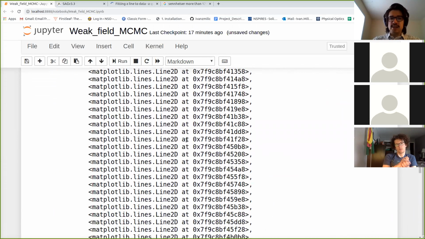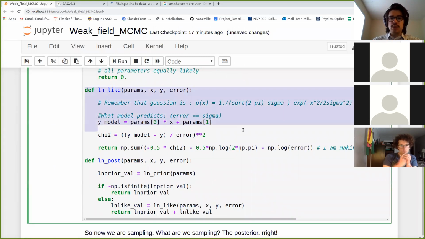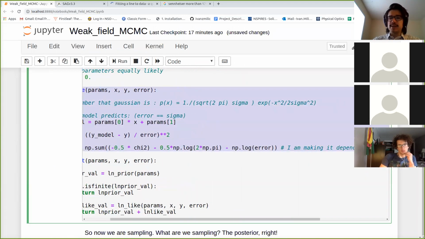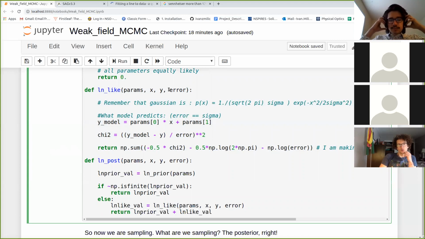So if the noise is Gaussian, then it means that I can write my likelihood through my chi-square. So yes, we assume that the noise is Gaussian and that we know the value. So you really need to know your detector, what noise it's going to produce if it's not correlated or something, I guess. That's an excellent remark.